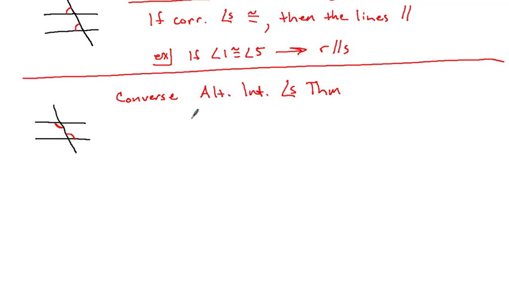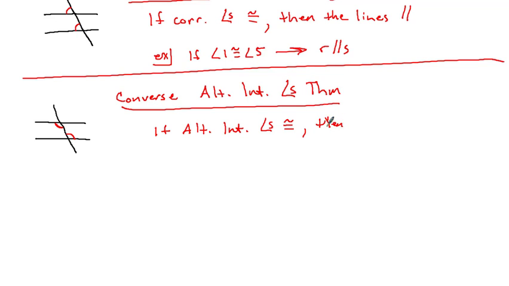Notice I'm trying to save you as much writing as I can. We're writing real simple. Okay, and this says if alternate interior angles are congruent, then the lines are parallel.